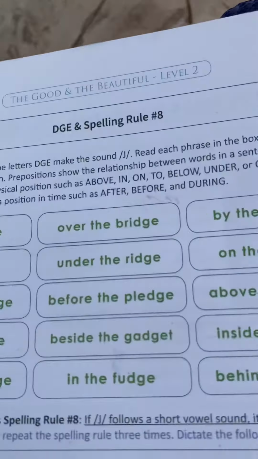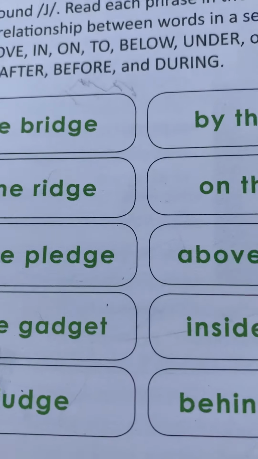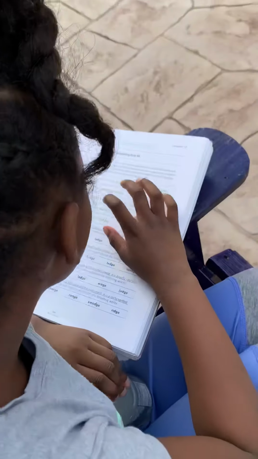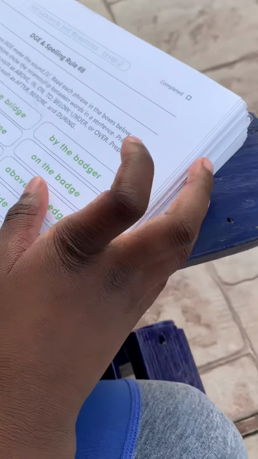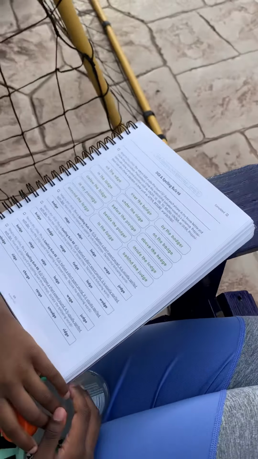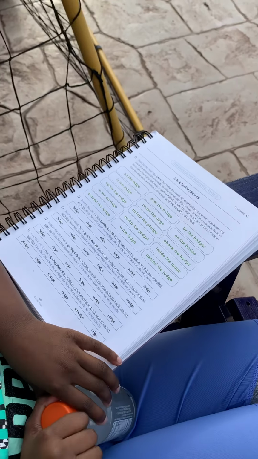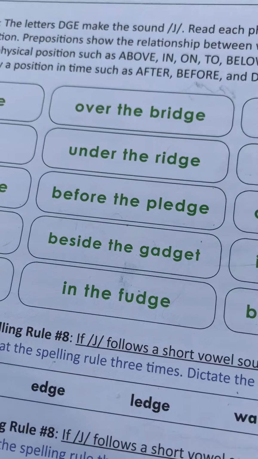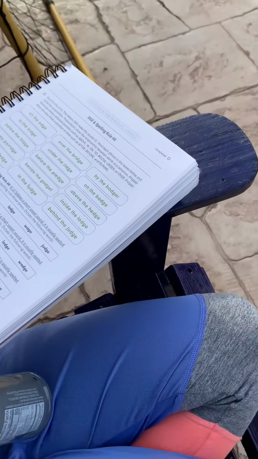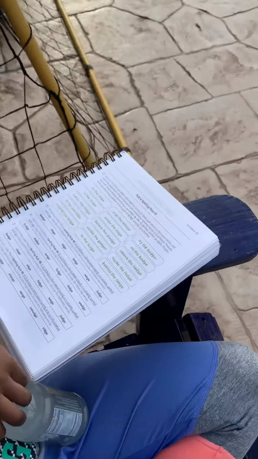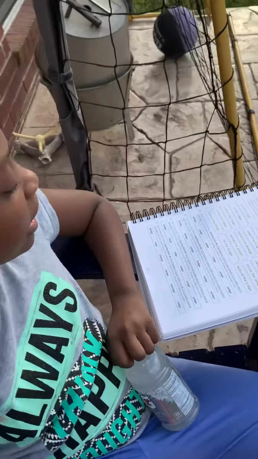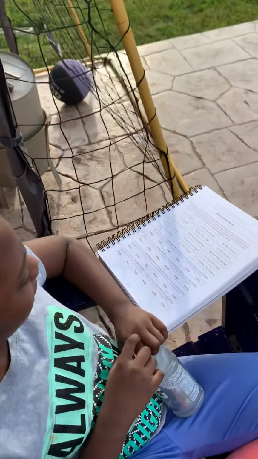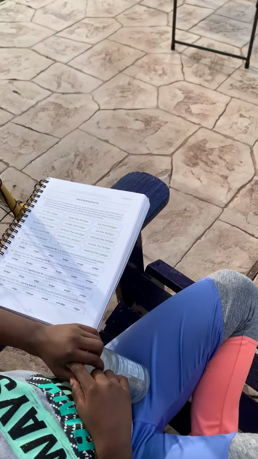Beside the gadgets. No, you say it so they can see that you're pronouncing it. Besides. On the fridge. What does that say? In the fridge. That doesn't say fridge. Okay. In. By the badger. By.